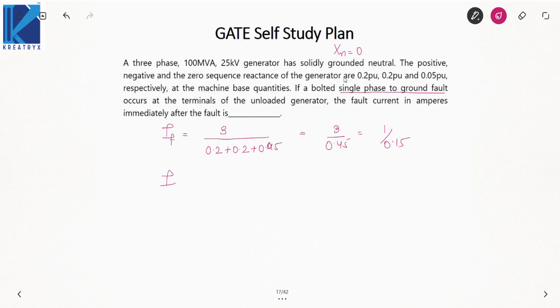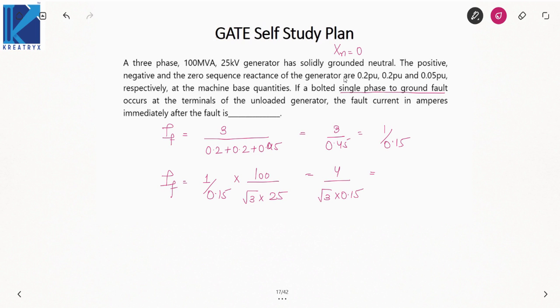But it is asking us in amperes. So you have to multiply it by the base current. How do we calculate base current? Base MVA divided by root 3 divided by voltage. So 4 by root 3 into 0.15. So how much will this come out to be?